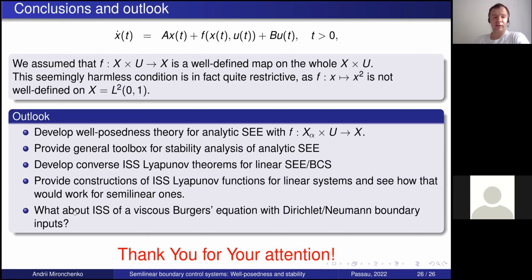Finally, another thing we would like to know is whether we can verify input-to-state stability of systems with stronger nonlinearities, like the viscous Burgers equation with Dirichlet-Neumann boundary inputs. Jun Zheng, who is also here in this virtual room, has actually studied this problem, and he has obtained that one can get input-to-state stability if we have some bounds for the inputs.